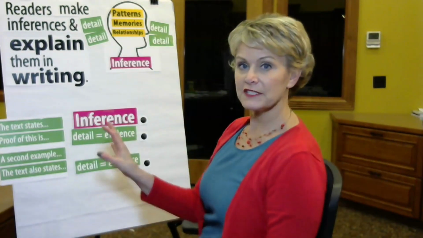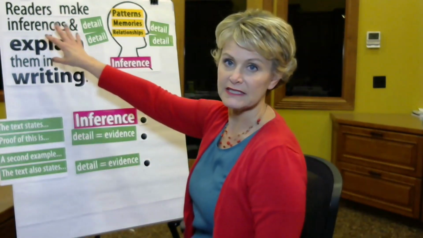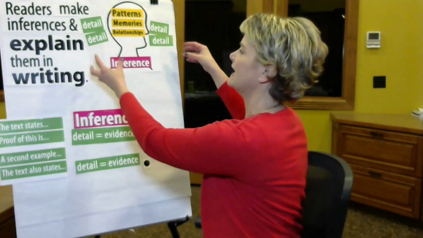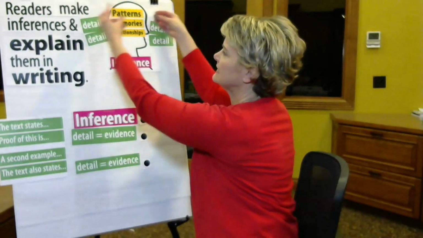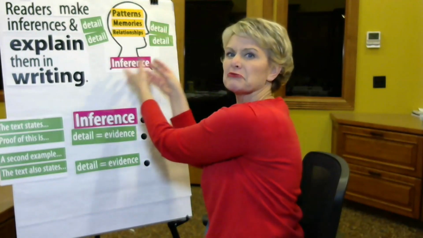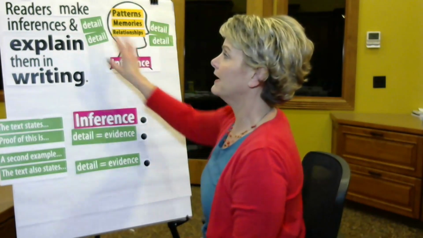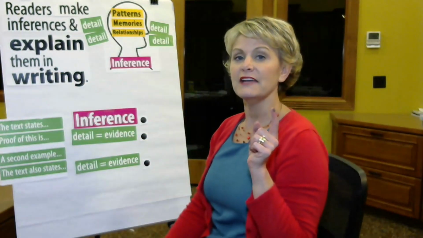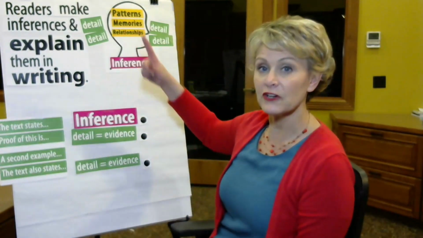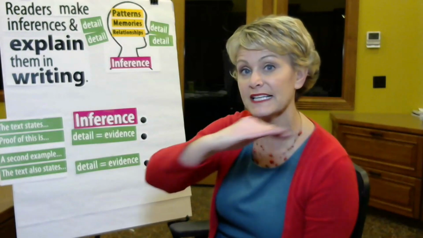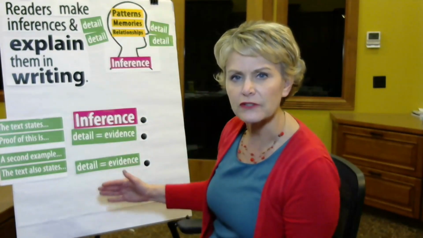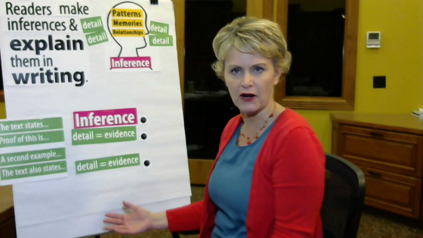We had talked about how you make an inference, and that's what we've been doing this whole lesson focus: collecting details, putting them together to make a variety of inferences. But if we're going to explain that in writing, then we have to first lead. The first sentence we write should be our inference, our answer, the conclusion that we've drawn.